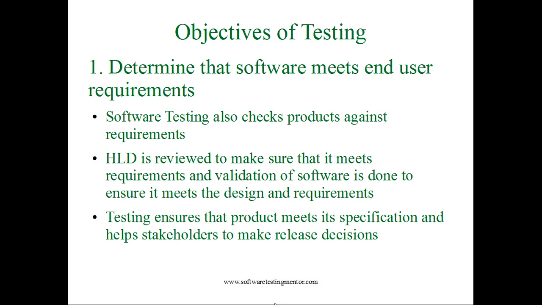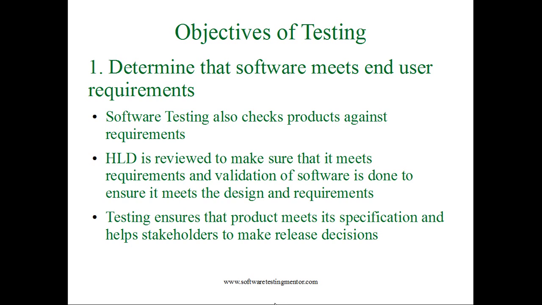What do you want to achieve by software testing? The first thing is to determine that software meets end user requirements. You have the requirements document that comes from stakeholders or end users, and while testing you need to determine that those end user requirements are being met.